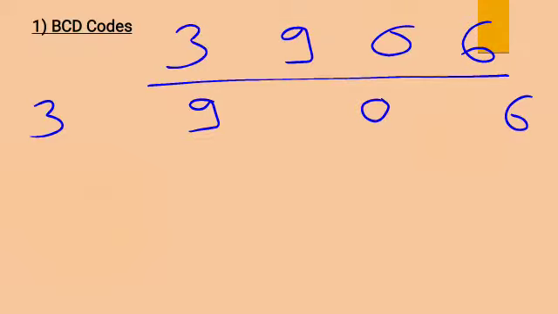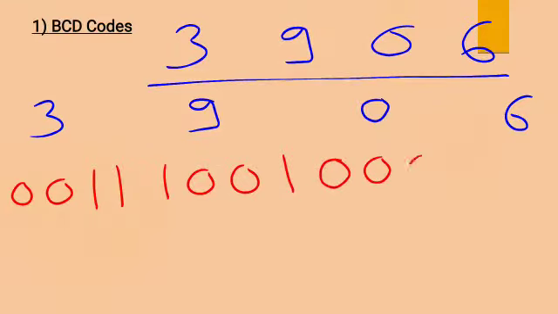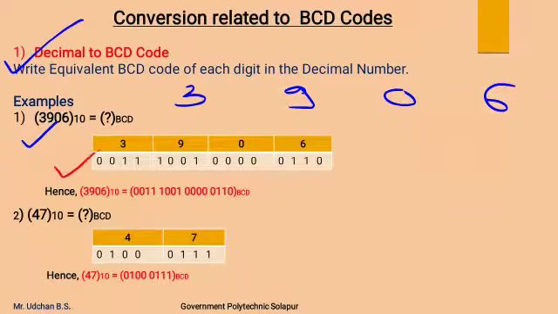So for 3 the BCD code will be 0011, for 9 the BCD code will be 1001, for 0 the BCD code will be 0000, and for 6 the BCD code will be 0110. This is how we can convert a given decimal number into the BCD. The same answer is written over here.